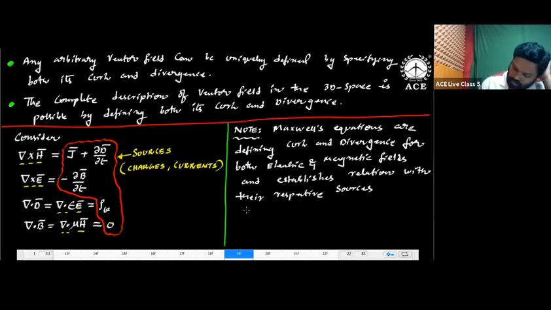sources, in brackets. In electrical engineering, how can the sources be classified? One is charge, the other one is currents, isn't it? So they are charges, currents.